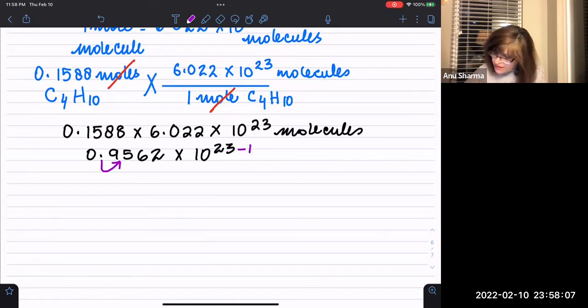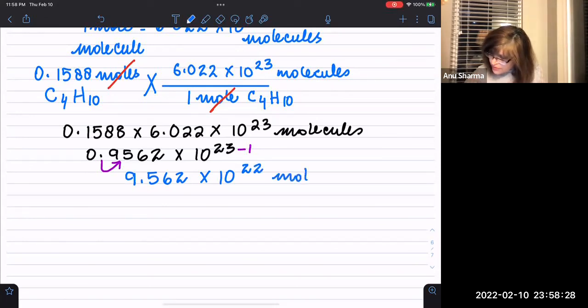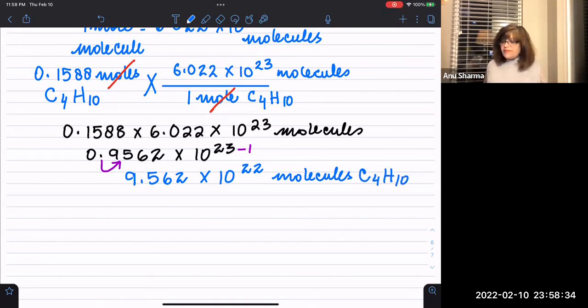So the answer here in scientific notation is 9.562 times 10 to the power 22 molecules of C4H10.